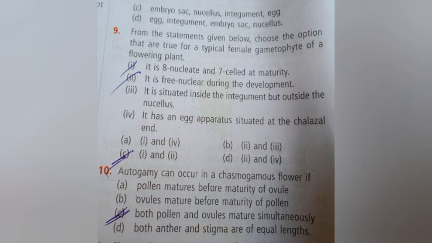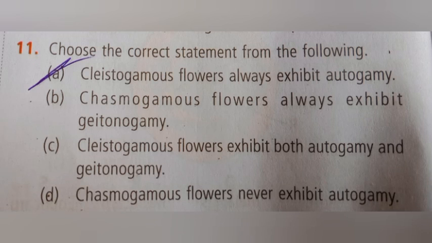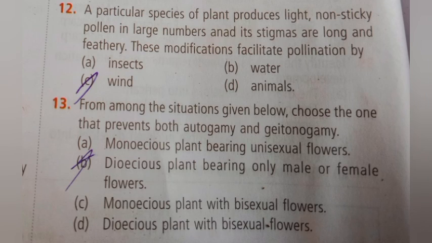The next question, 11th question is, choose the correct statement from the following. We need to select the correct statement. The correct statement is option A. That is, cleistogamous flowers always exhibit autogamy. Then the next question, 12th question.